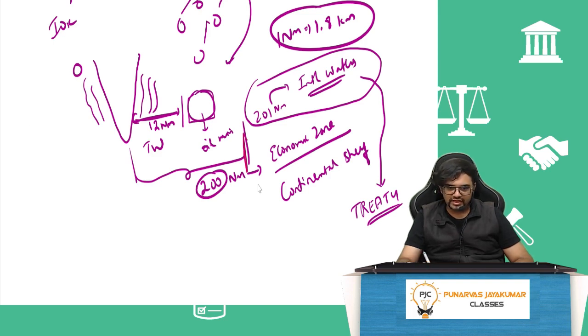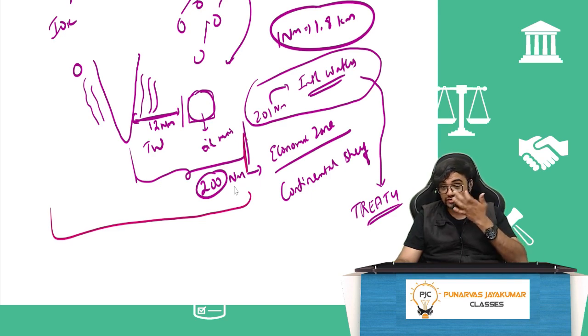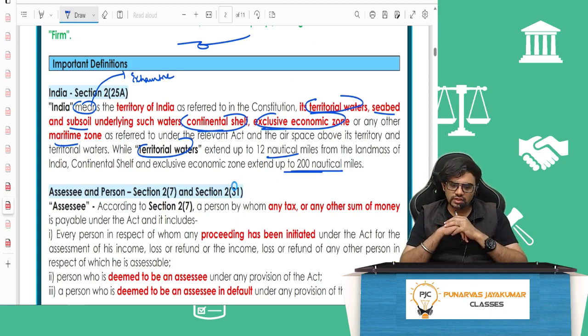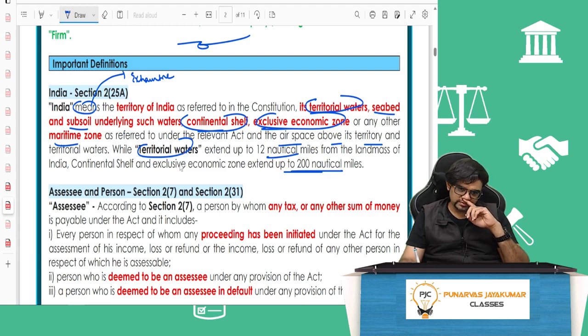So if anybody is flying above this area, it is Indian airspace, they say. You need to take the permission of, of course, the Indian Air Force and the air traffic control of India. That's what it says. And the airspace above its territory and territorial waters, everything is India.